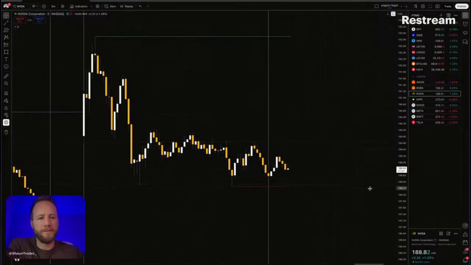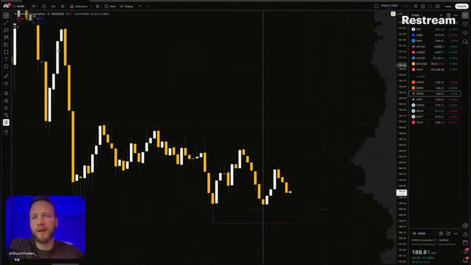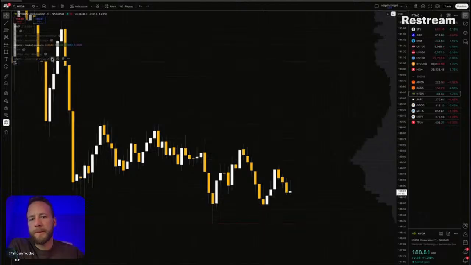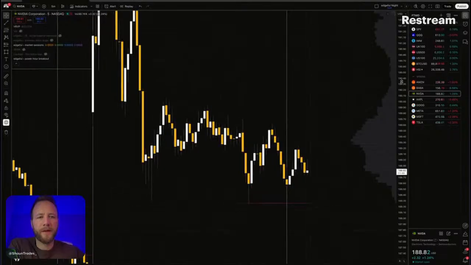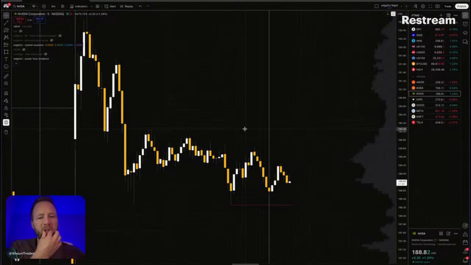And we'll move on to, okay, here's an interesting one. We've got Nvidia. Where's that candle close? Okay, that's fine. So the lows of the day are here. Tricky, it's kind of trending down. There's no real indicators that I can see on the screen here.